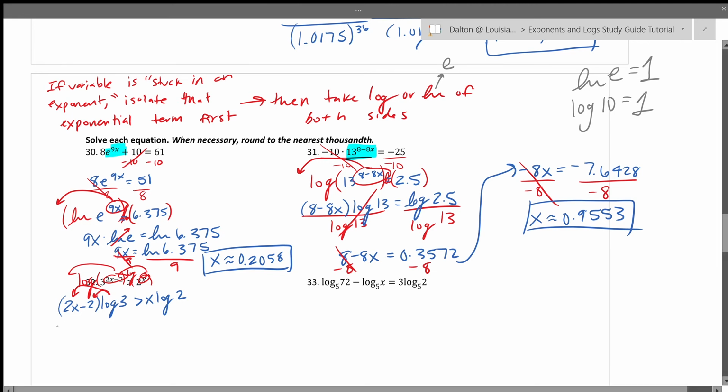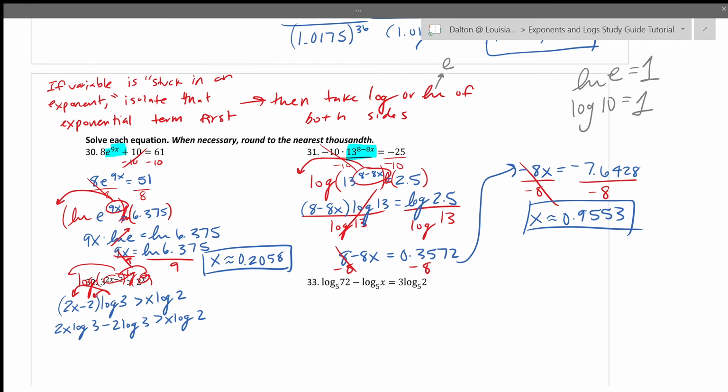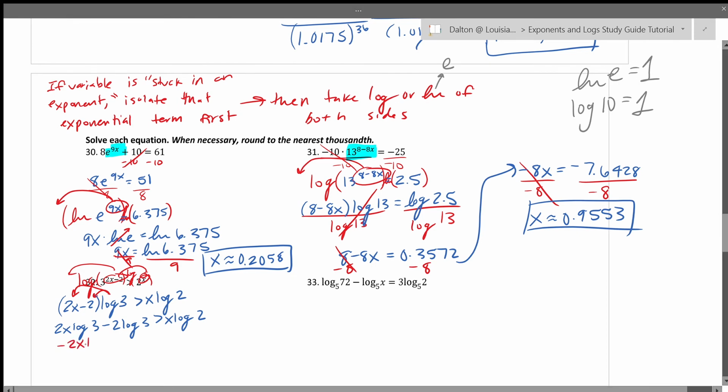So that would be 2x times the log of 3 minus 2 times the log of 3 is greater than x times the log of 2. And then we want to group all of our terms that have an x in it on one side of the inequality. So on the left side, I'm going to go ahead and subtract 2x times the log of 3.